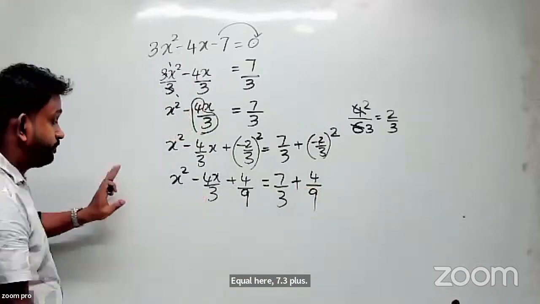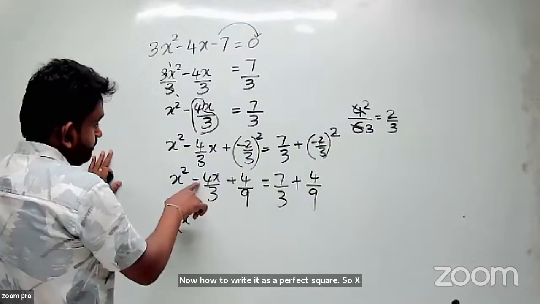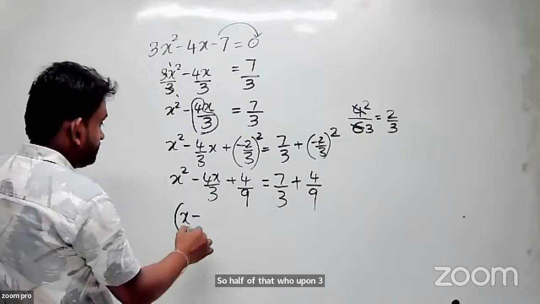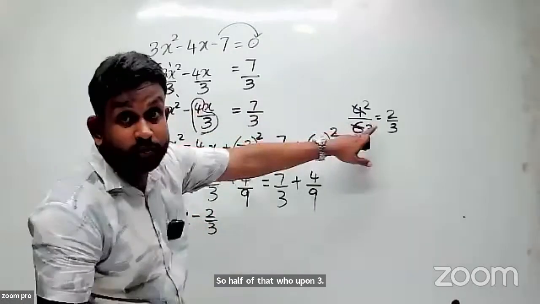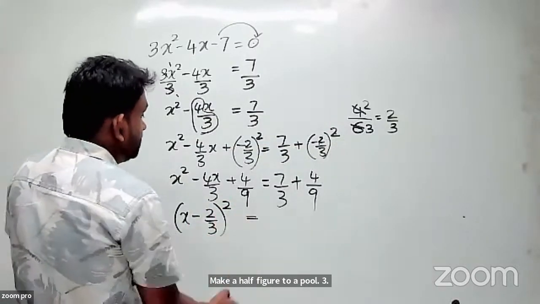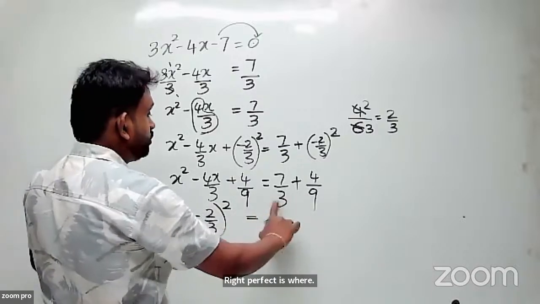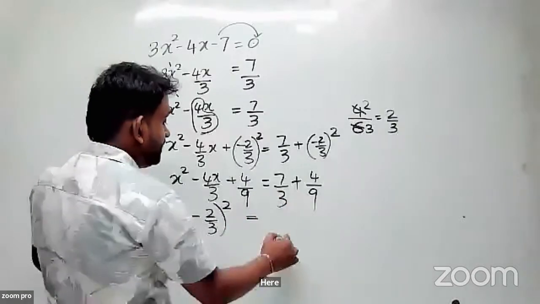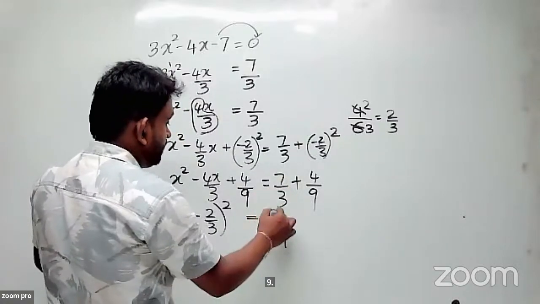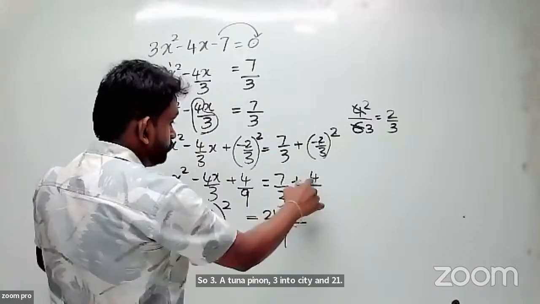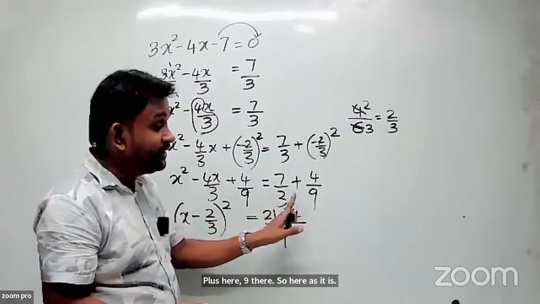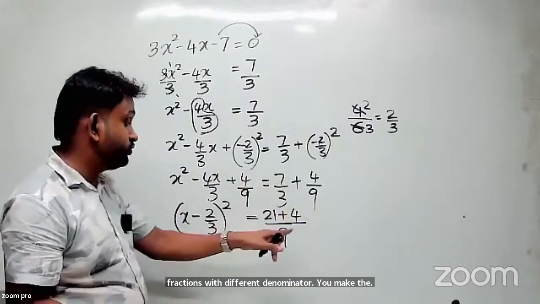Now how to write it as a perfect square? x minus half of 4 upon 3, which is 2 upon 3, perfect square. On the right side, denominators 3 and 9, make the common denominator 9. 3 into 7 is 21 plus 4. Adding fractions with different denominators, you make the same denominator 9 and simplify.